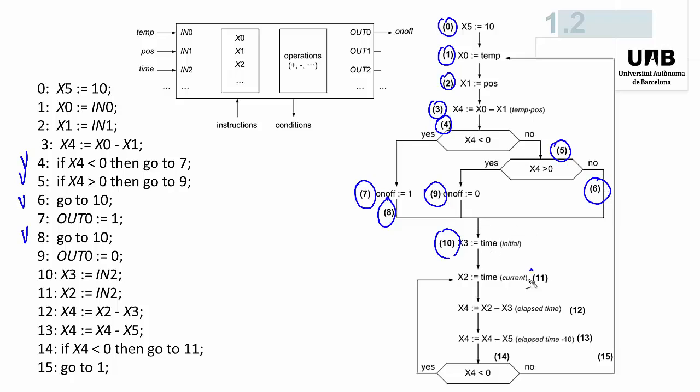After that we have 11, 12, 13, 14. At 14 we jump to 11. And from 14 we go to a jump, instruction number 15, to instruction number 1.